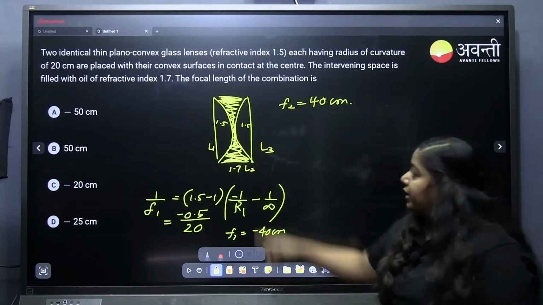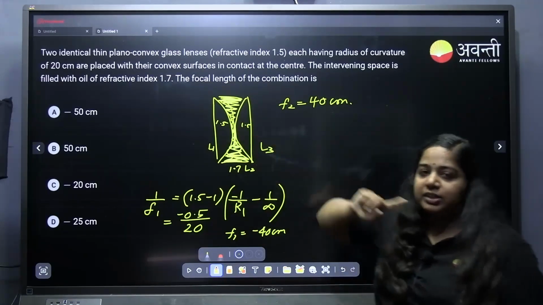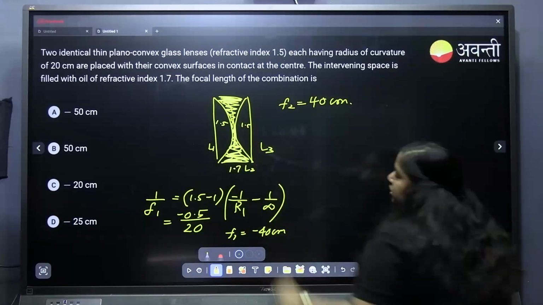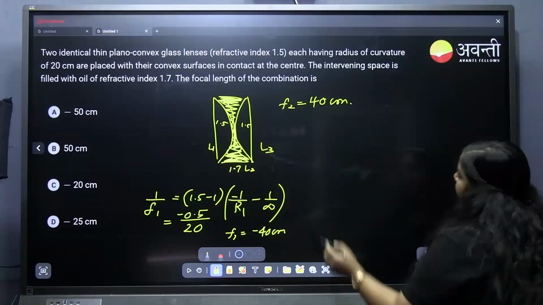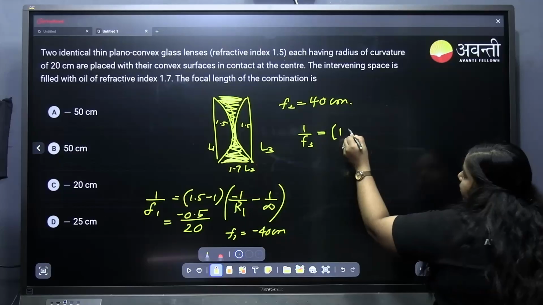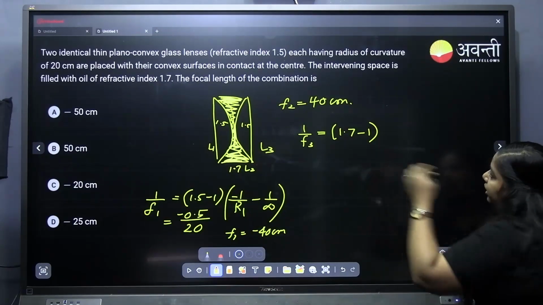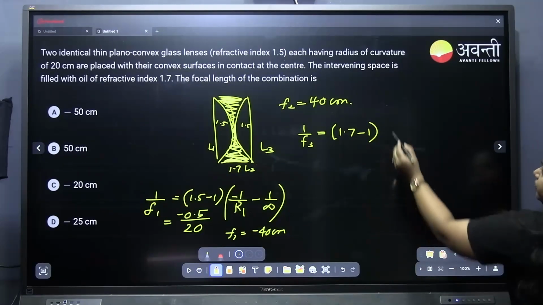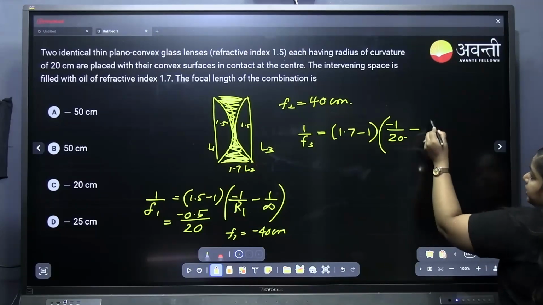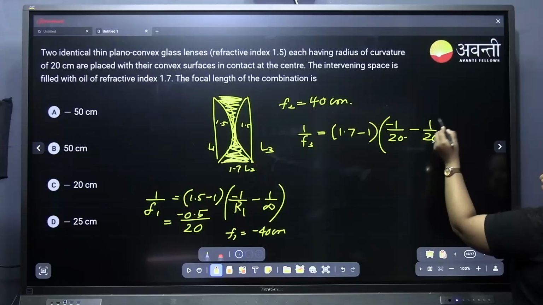Next we have to find for the middle region. The middle region has two surfaces. 1 by f3 is equal to (1.7 minus 1) into (minus 1 by 20 minus 1 by 20).